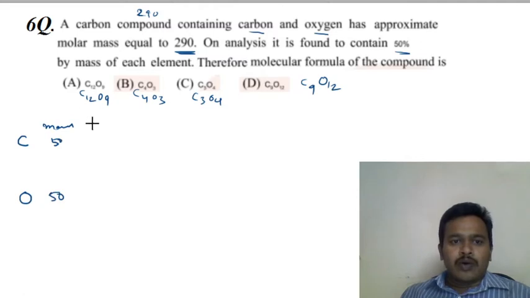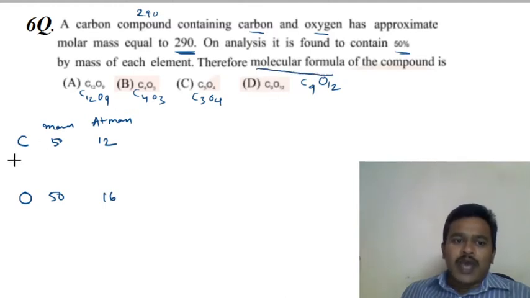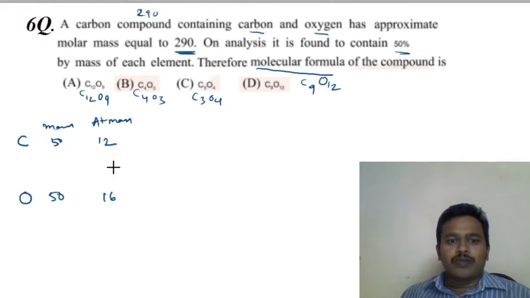What we know is the atomic mass. What is the atomic mass of carbon? That is 12. What is the atomic mass of oxygen? That is 16. They are asking to find the molecular formula, but we have a procedure to find the empirical formula.